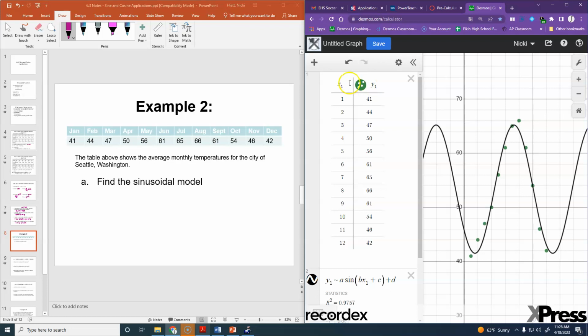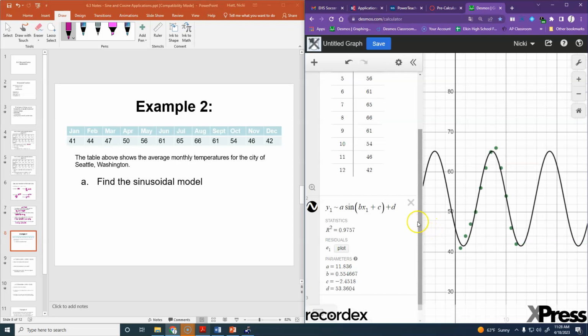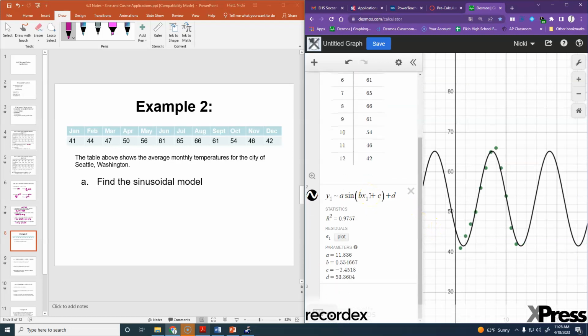If your table says X2, Y2, where you added a second table before you got rid of that first one, then that just means you're going to have to use 2's instead of 1's in that equation right there. So our model, and when it asks for a sinusoidal model, that is a sine equation.